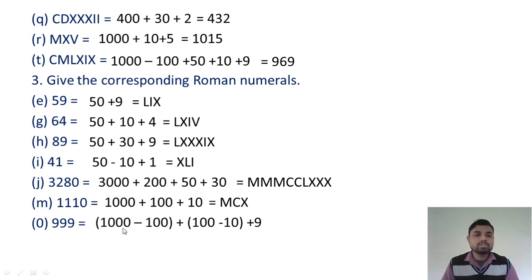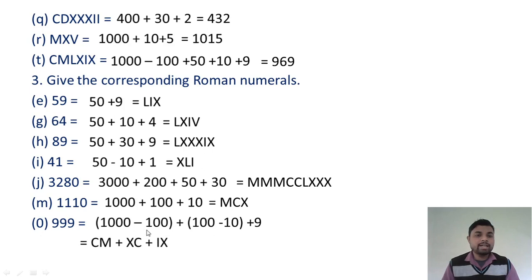Because we cannot subtract 1 from 1000, we cannot subtract 1 from 100 also. That's why we have to solve it this way, otherwise it will be wrong. Okay, that's why I have told you to follow the rules properly. Follow the rules properly. See the notes.